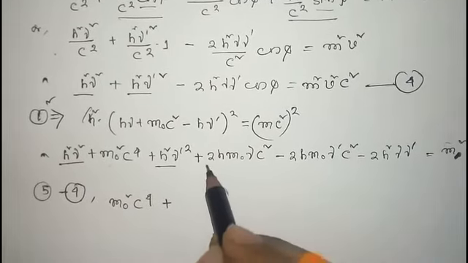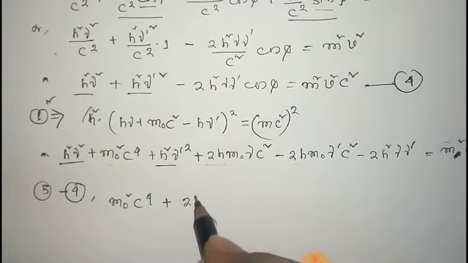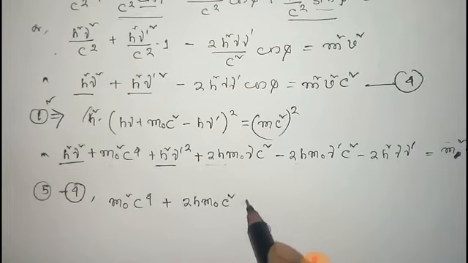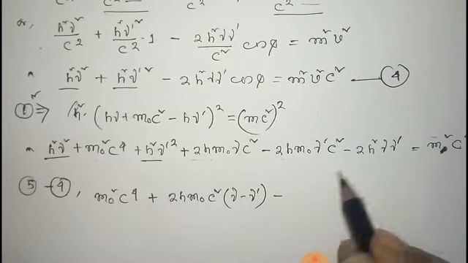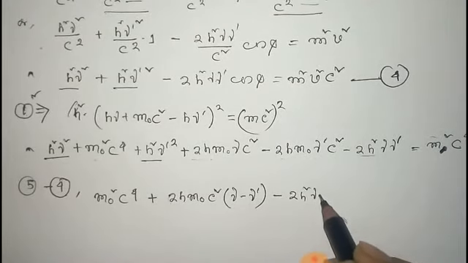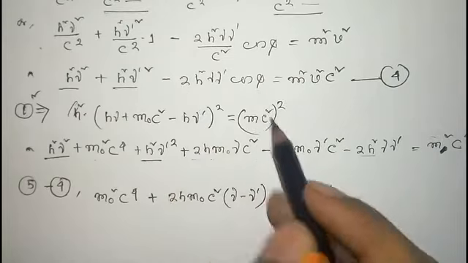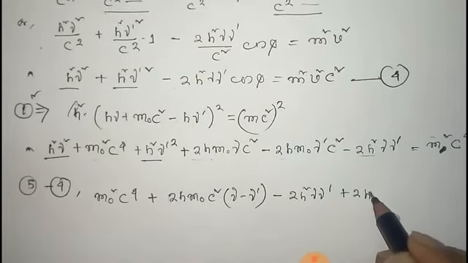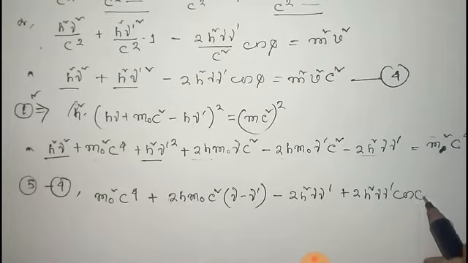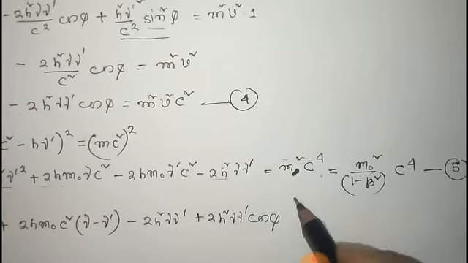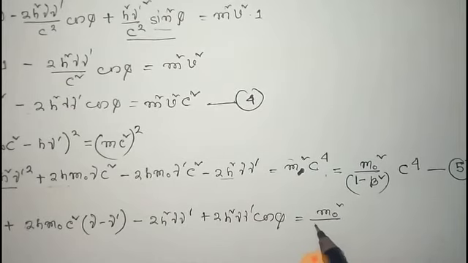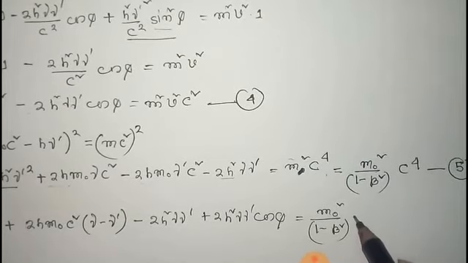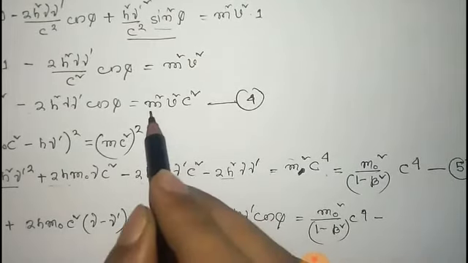From this and this term we take 2h m naught c square common, so it will be nu minus nu prime, minus this term, that is 2h square nu nu prime, plus this term, that will be 2h square nu nu prime cos phi, that's equal to m naught square by 1 minus beta square c to the power 4 minus this term, that is m square v square c square.